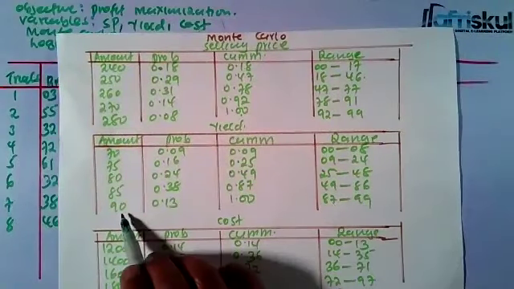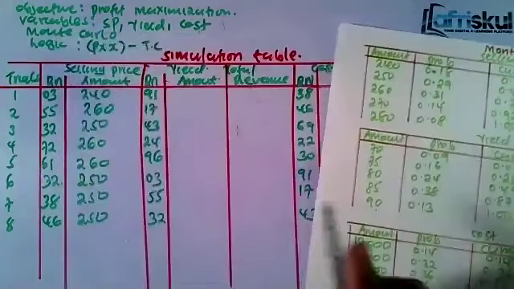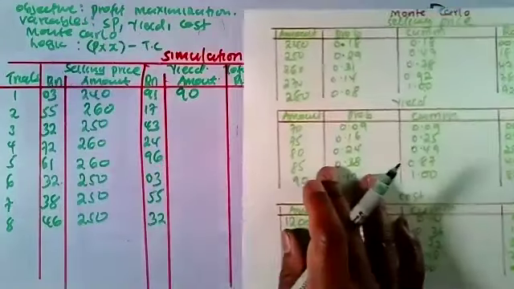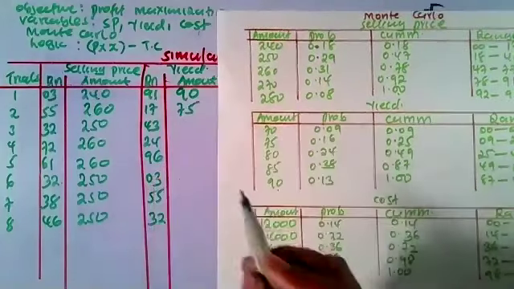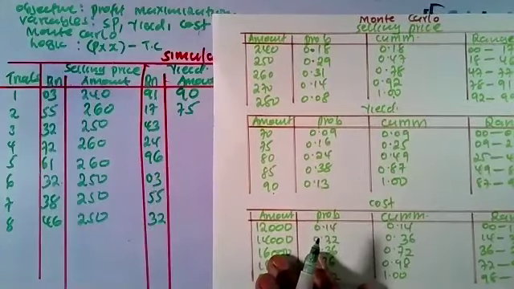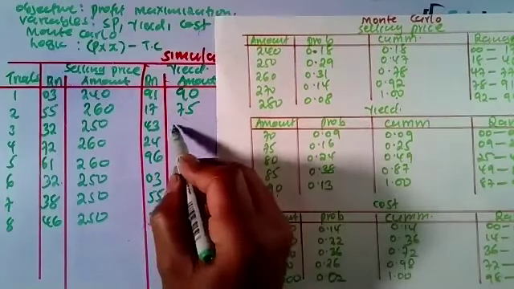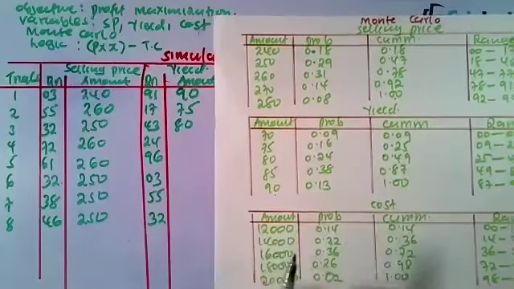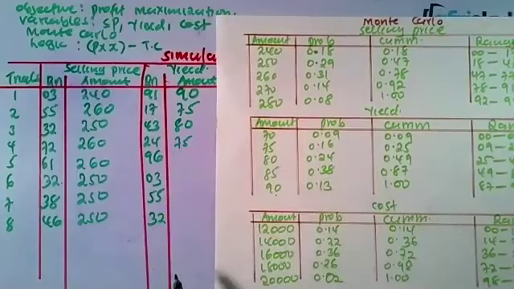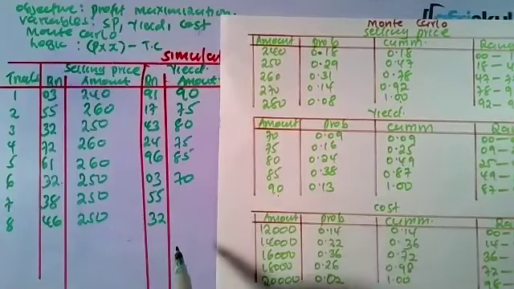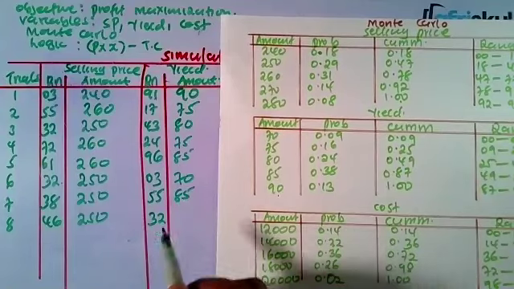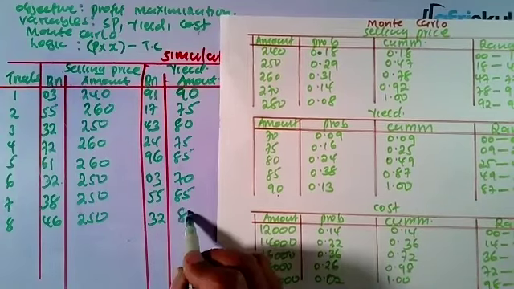So that means in this case, yield ni 90. Hiyo ingine ni 17. 17, kwa hivyo itakuwa 75. 43 itakuwa 80. 24 itakuwa 75. 96 itakuwa 85. 03 itakuwa 70. 55 itakuwa 85. 32 itakuwa 80.